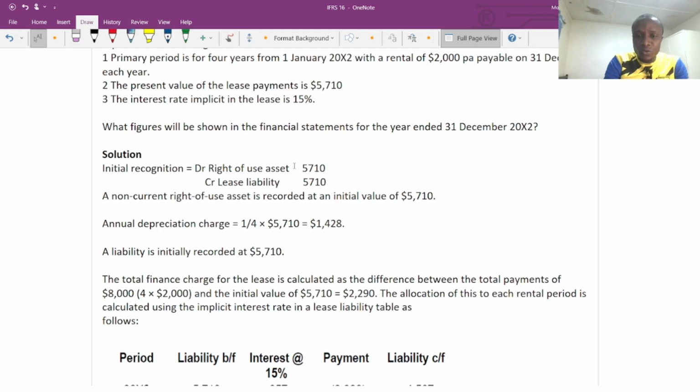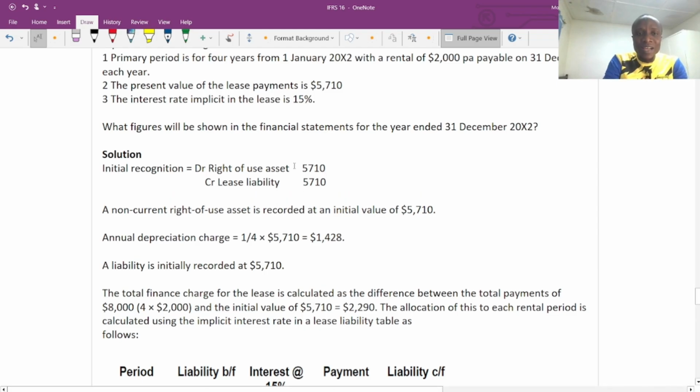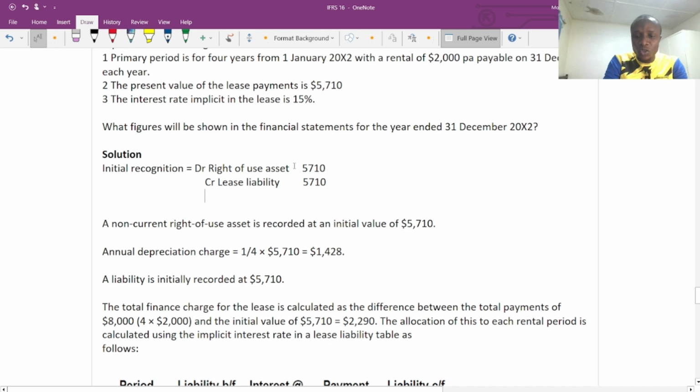So now what are we going to do next? For the right of use asset, for subsequent measurements, at the first of January 20x2 is the initial recognition.